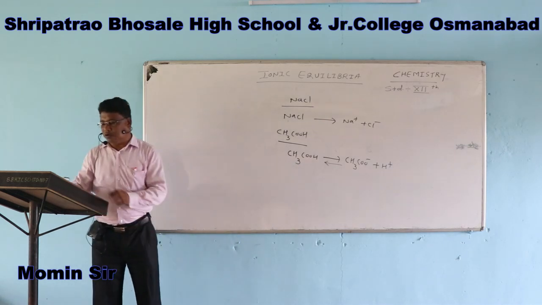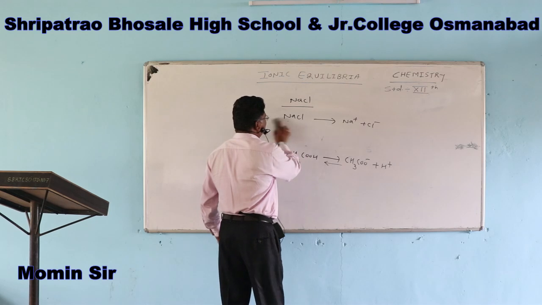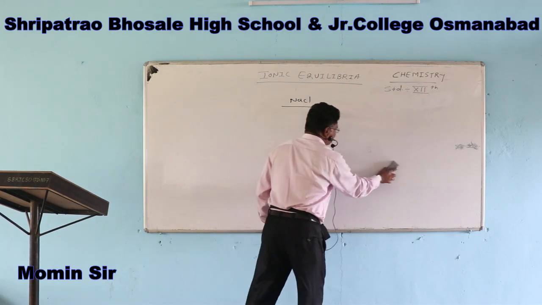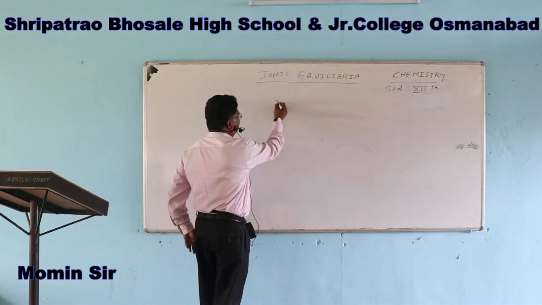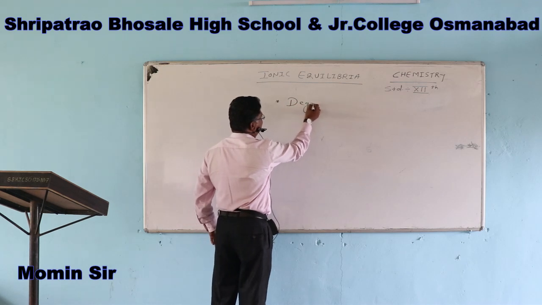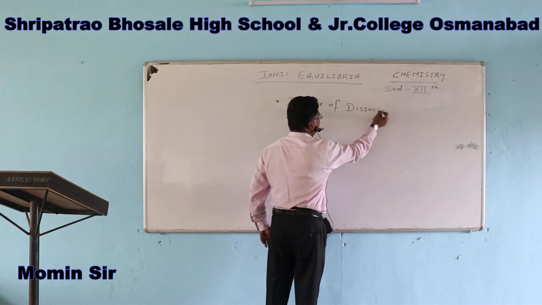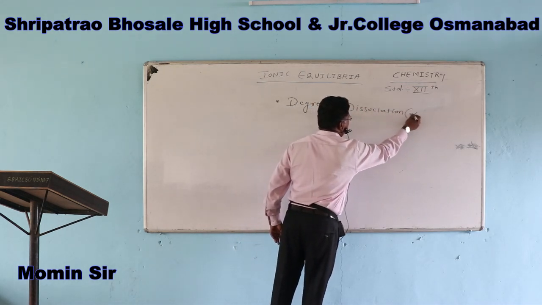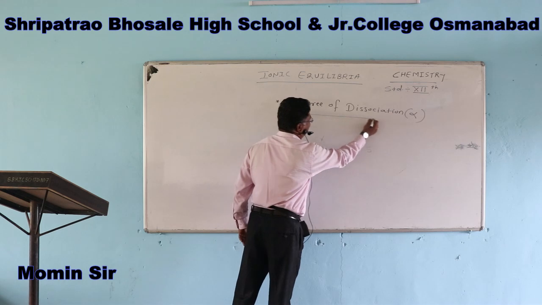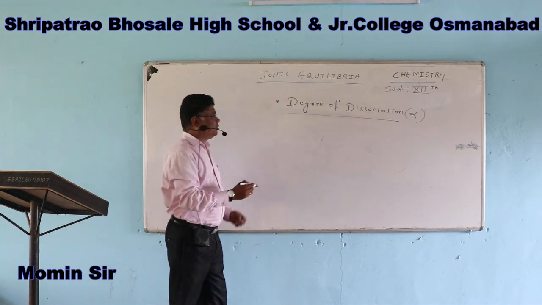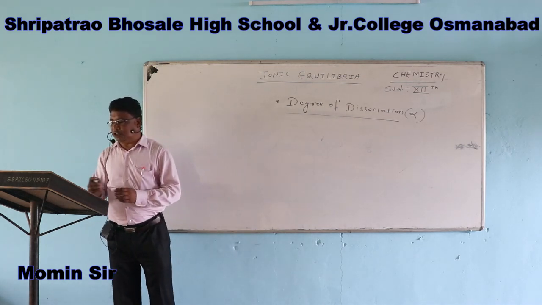Now here it is important to know the next point from this chapter, Ionic Equilibrium: degree of dissociation, denoted by alpha. What is the definition of degree of dissociation?